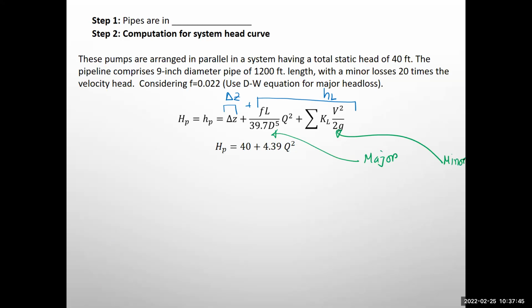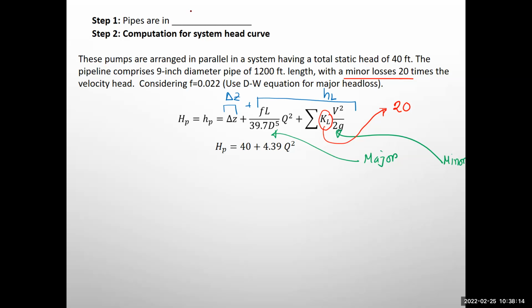And what will be the K_L value here? 20 times the velocity head, so K value is 20, right? Okay. And once you do all the calculation, you should get the final equation, 40 plus 4.39 Q square. So in your copy, you have all the detailed calculation. Okay. So let's start working on this part.